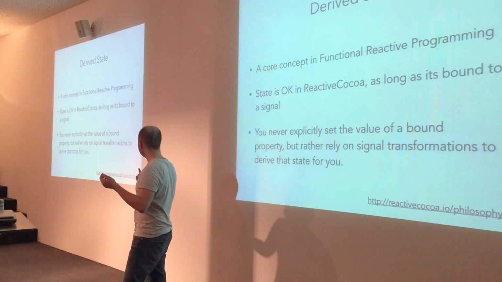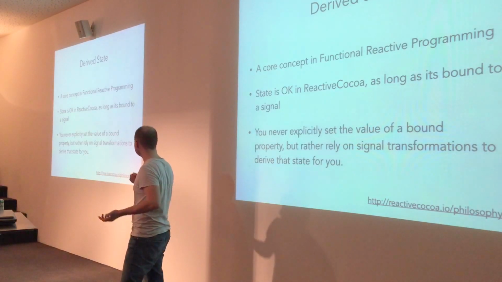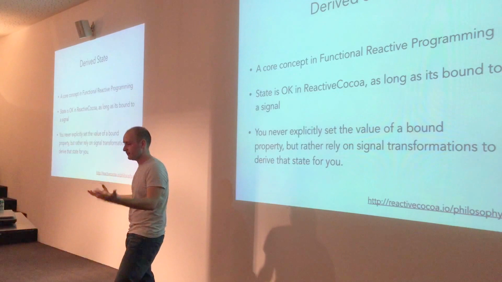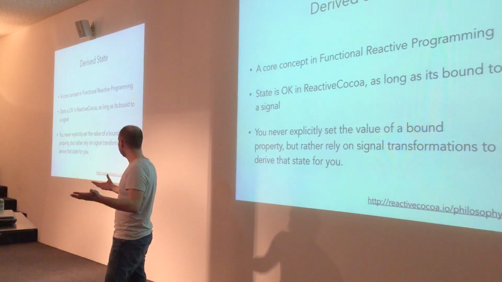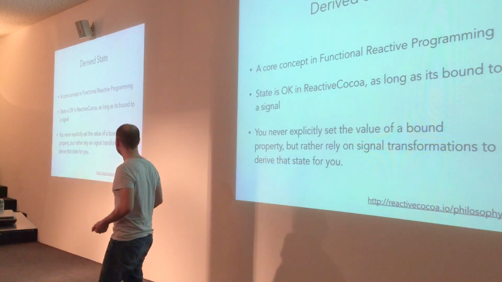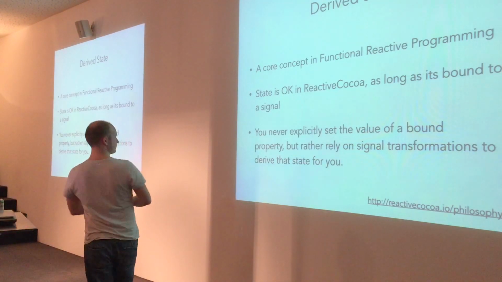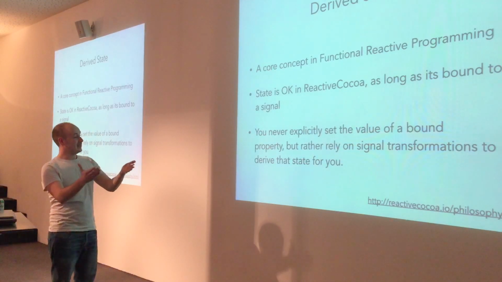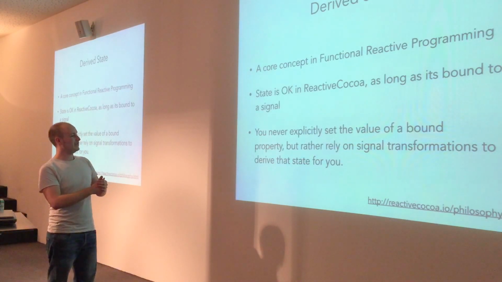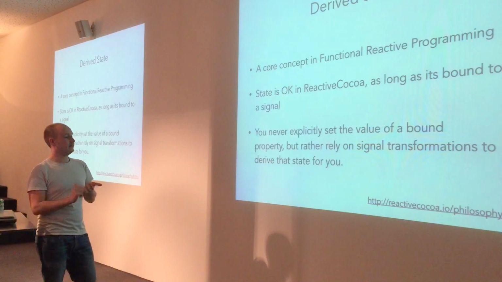That's how we interact with Cocoa, because that requires us to talk in imperative terms. But as long as it's bound to a signal, then it's okay. So you never explicitly set the value of a bound property, but you rely on signal transformations to derive that state for you.